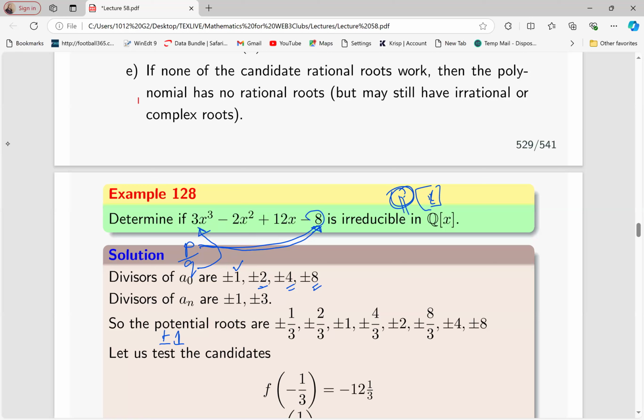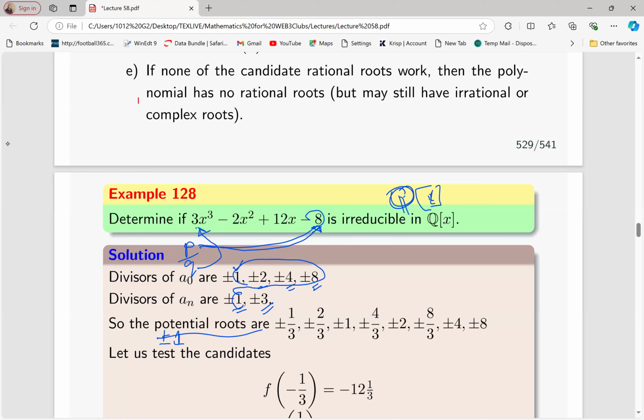What about numbers that can divide 3? Plus or minus 1, plus or minus 3. Now let's form fractions, our potential roots.